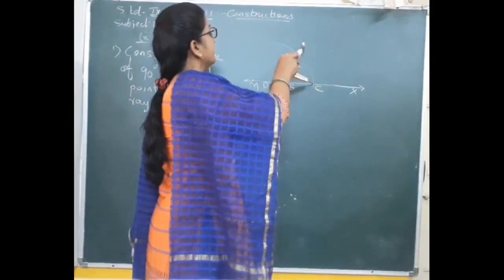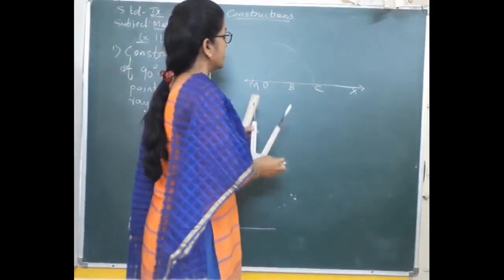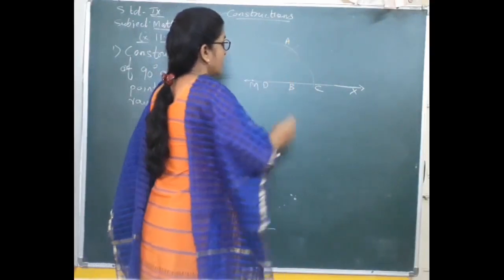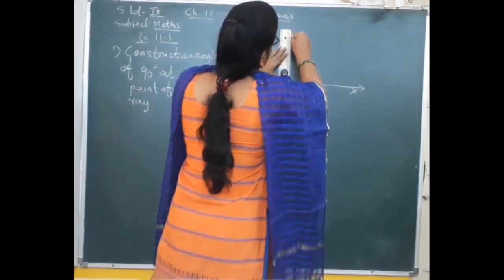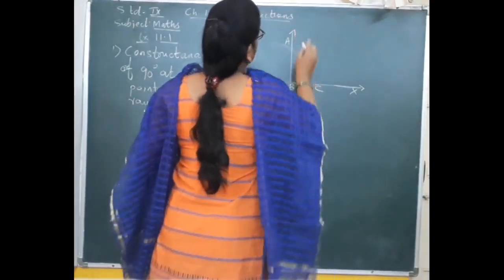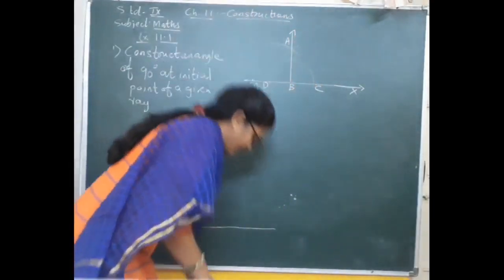Keep the radius same, which will intersect each other at point A. Draw ray AB.